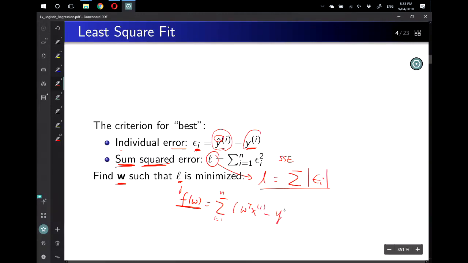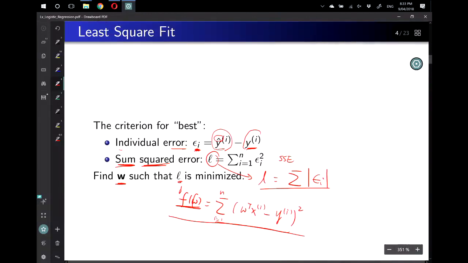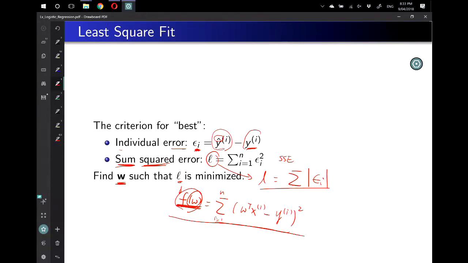So basically the function is going to be fairly complex, but it doesn't matter. We can say that the only variable is W. Okay, so that's why I can write it in the form of f(W). And we want to find the W such that f(W) is minimized. Okay, so then this becomes a very simple function minimization problem.